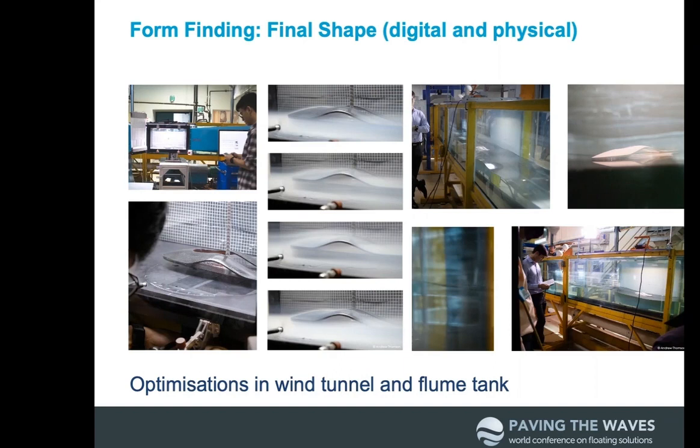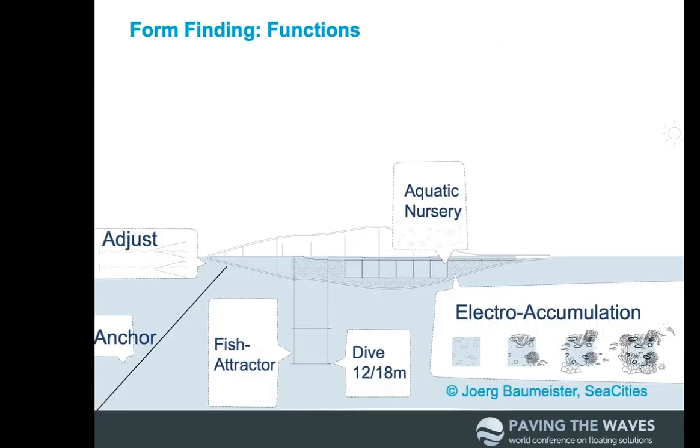We were, of course, simulating digitally, but also physically. We had various models, and we were going through several rounds of optimizations in wind tunnels and also in our flume tank. And we were putting in some functions which are related to the floating reef.